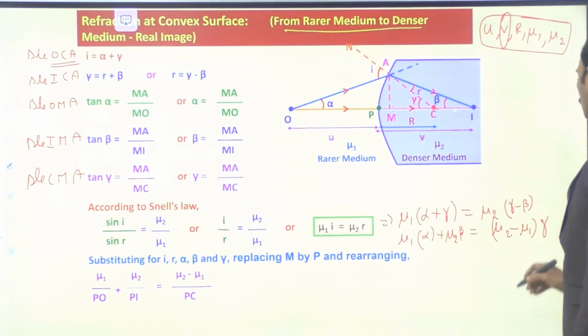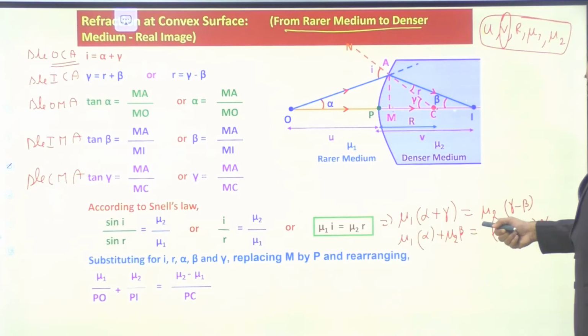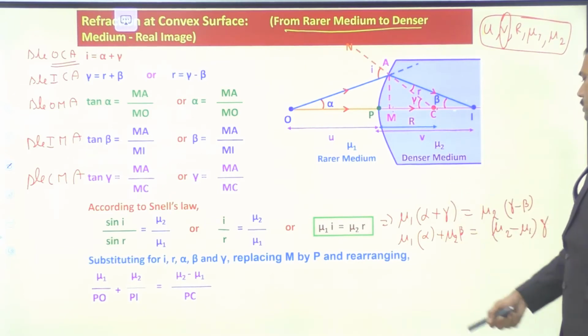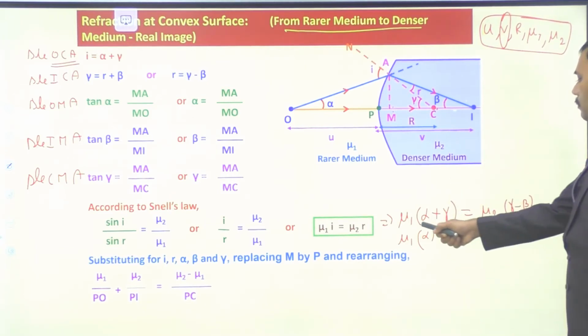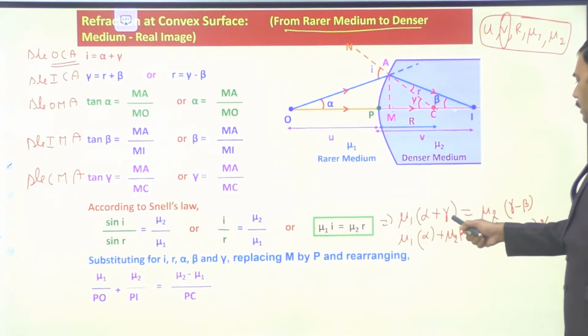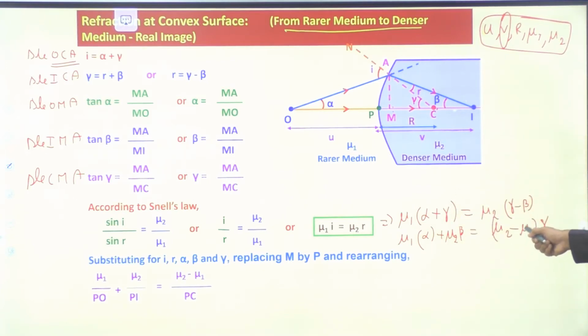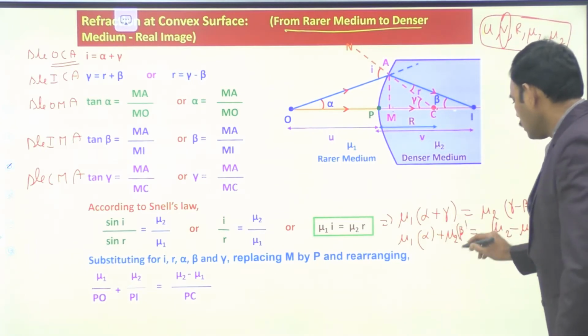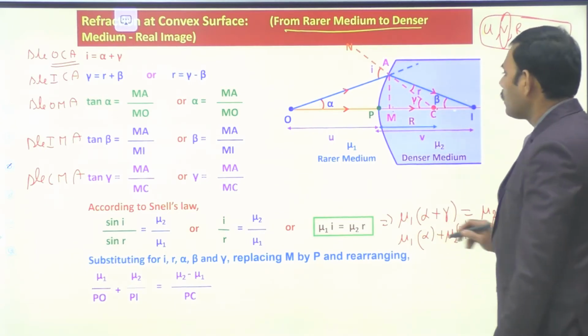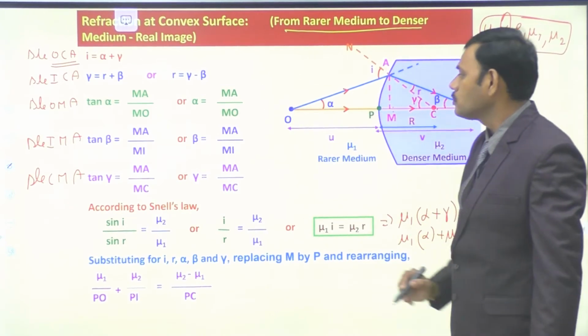We rearranged the above equation like this: by shifting minus mu2 beta to the LHS we get plus mu2 beta, by shifting mu1 gamma to the RHS we get minus mu1 gamma, so gamma common, so mu2 minus mu1 into gamma. Now replace alpha, beta, gamma with the above values.